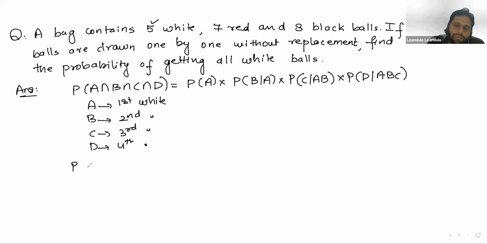So PA is 5 by 20, which gives you 1 by 4. If you have drawn one white, the remaining white will be 4, so 4 by 19.